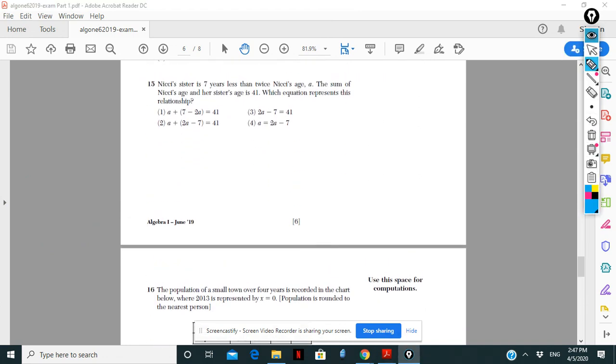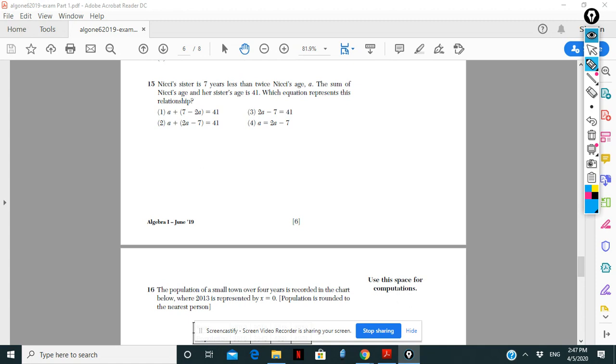Question number 50. Niece's sister is 7 years less than twice her niece's age. The sum of niece's age and her sister's age is 41.